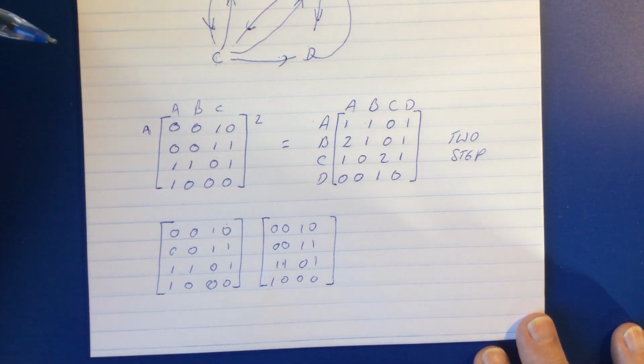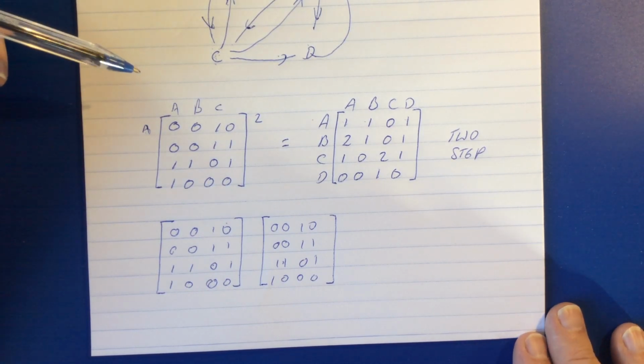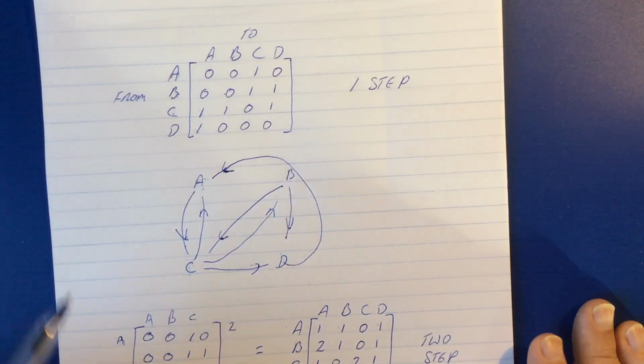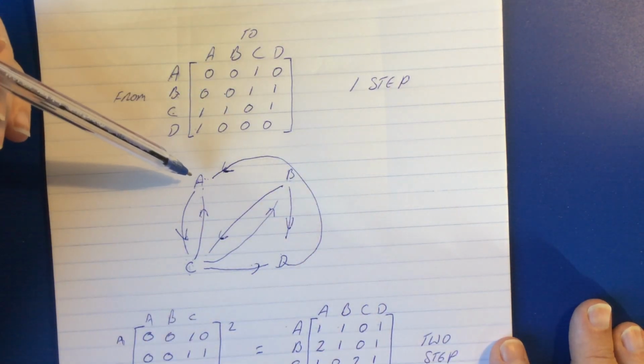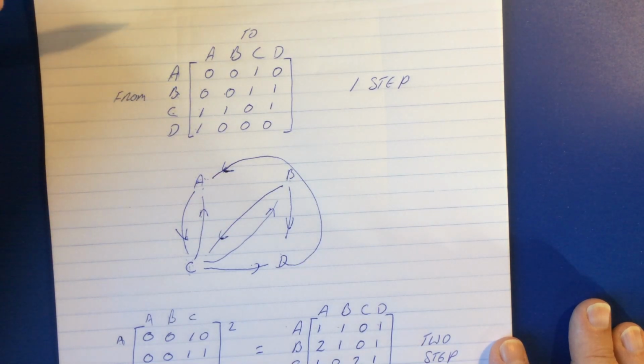Anyway, that is how you create a two-step matrix.